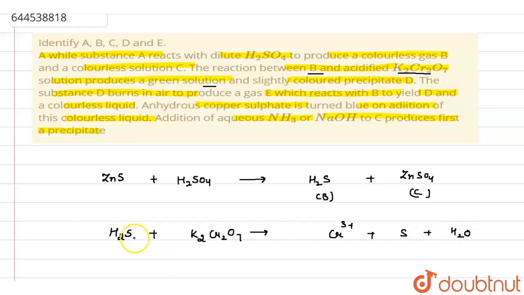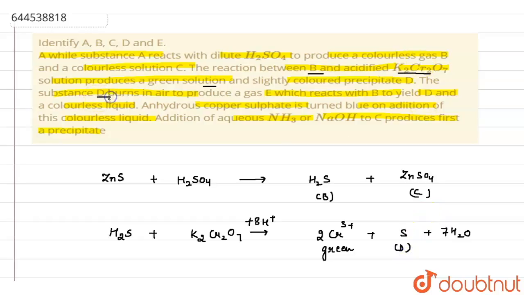When we balance this, it is H2S plus potassium dichromate plus 8H+ ions, because to balance oxygen, 7 water molecules are added, plus 8H+ ions and 2 chromium. These Cr3+ ions are green in color, and the slightly colored precipitate D is formed.